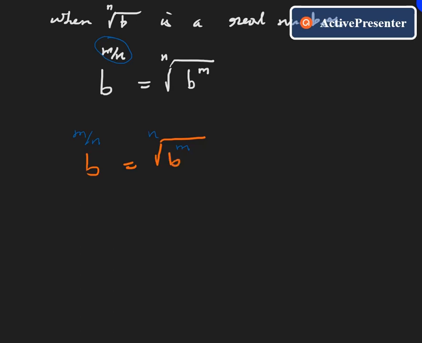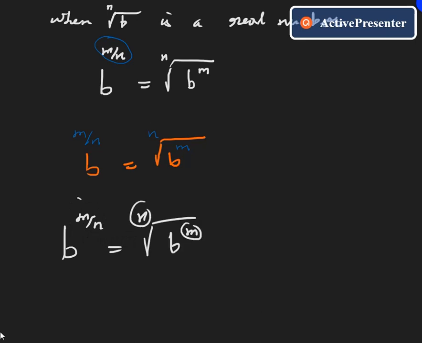Again, if you are going to memorize it: b to the power m over n equals, just flip this, the nth root of b to the power m.